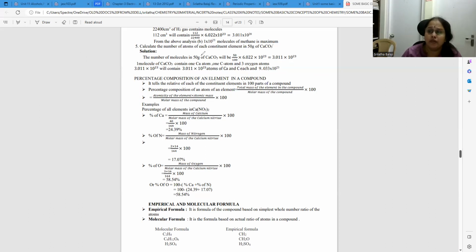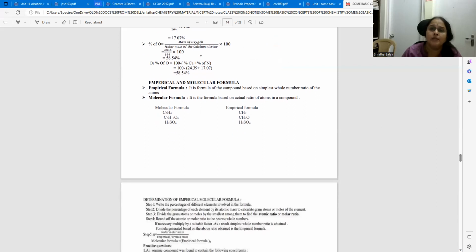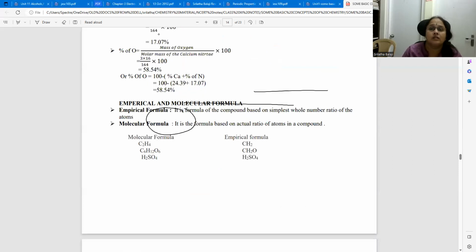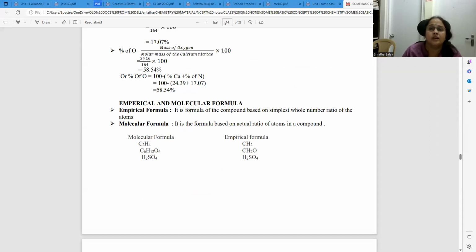Next, empirical and molecular formula. An empirical formula is a formula based on the simplest ratio of atoms, whereas a molecular formula is the actual ratio of atoms. See, for example, the examples given here, C2H4, C6H12O6. What's the simplest ratio of carbon and hydrogen in C2H4? 1:2, isn't it?